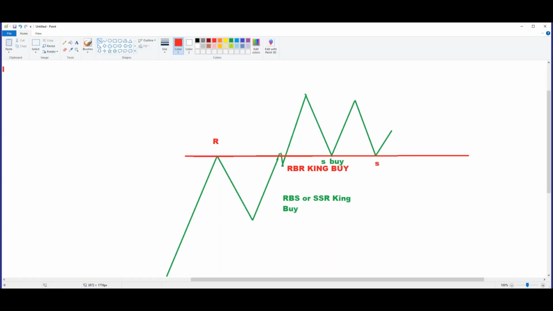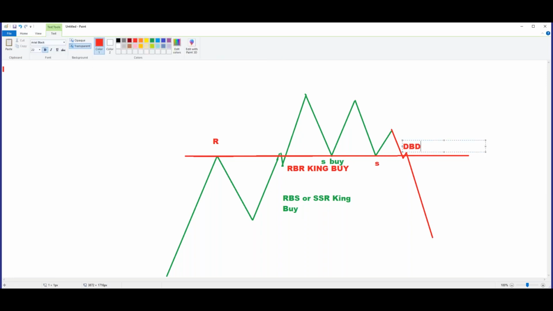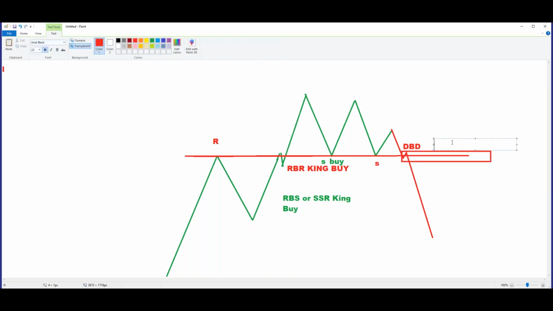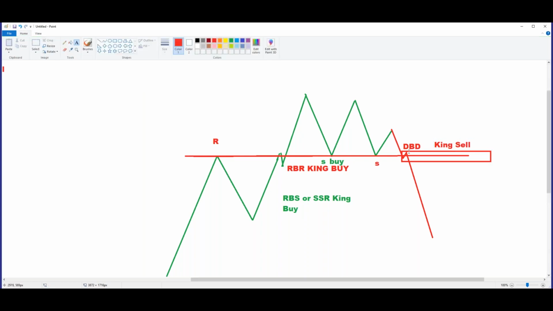Then suddenly price goes down over here, making a king of sell, a drop base drop. So this drop base drop is also a king, a king sell, because we have a drop base drop that breaks support or significant support.